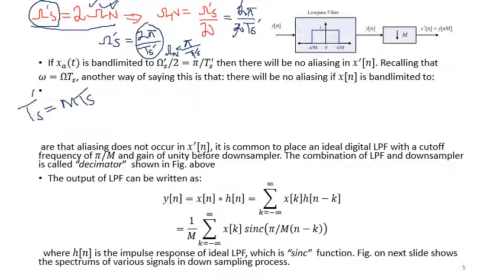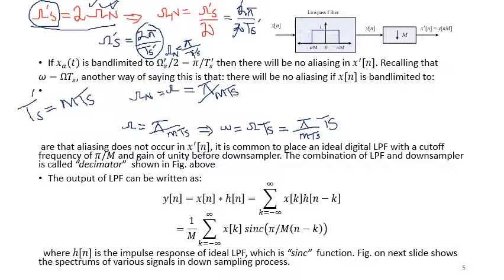So if we replace here, let's represent the maximum frequency by omega. So we say, okay, omega equals pi by M Ts. Okay, so I have written here.